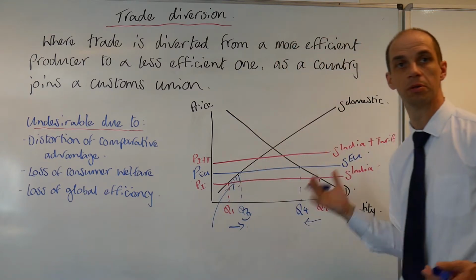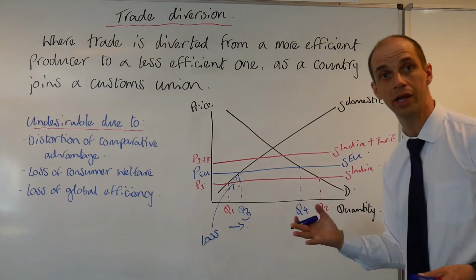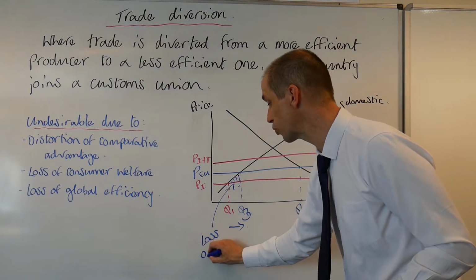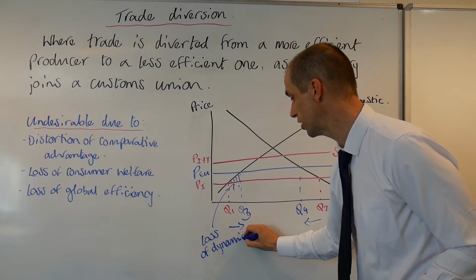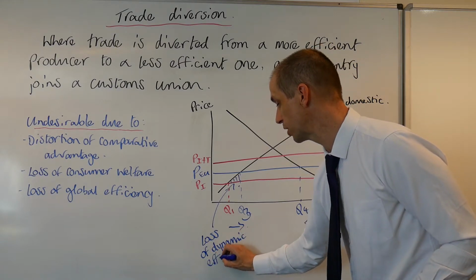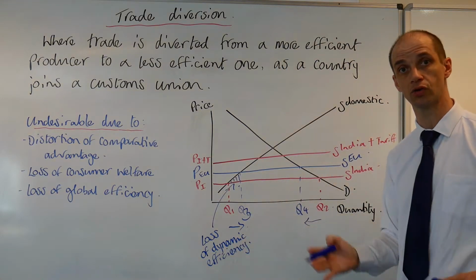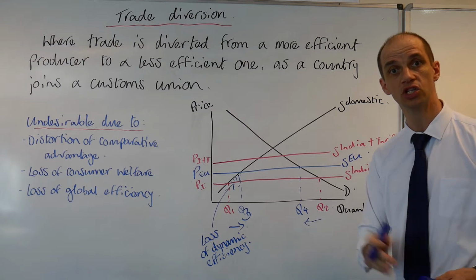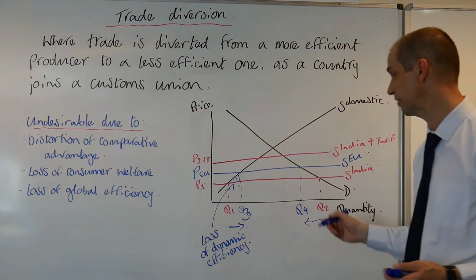But this is a problem, of course, for the economy. As we've seen within our international trade diagrams, this would represent a loss of dynamic efficiency for the economy itself. Because really, we should be exploiting a country's comparative advantage and enjoying the low cost of trade that actually enables us to benefit from.